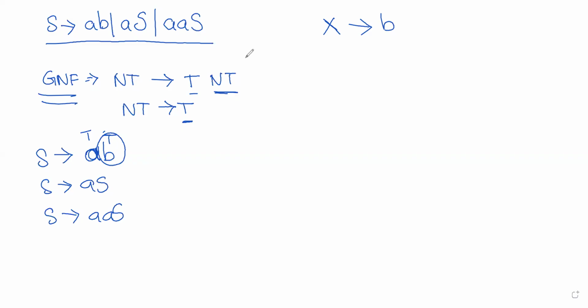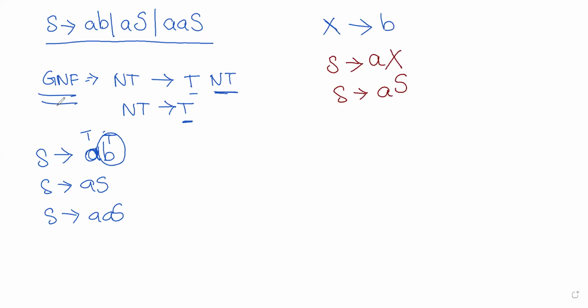So what will be my updated production? Instead of this A, I'll write A, and instead of this B, I'll write X. So now it is following the format of GNF, right? The second one is S gives a, and yes, it is following the format of GNF.